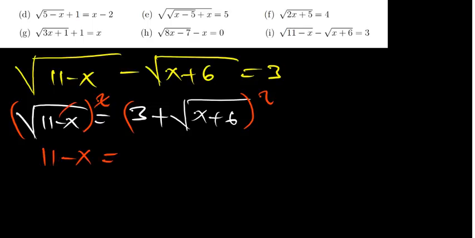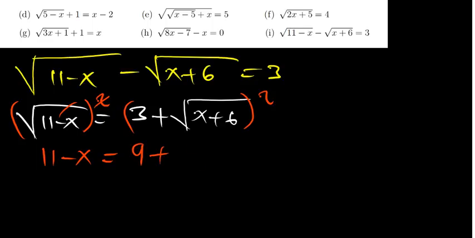But here is the issue. This part here is going to be 3 times everything in the square root, which gives me 3 times the square root of x plus 6. Or I can start with 3 itself. 3 times 3 is going to give me 9.